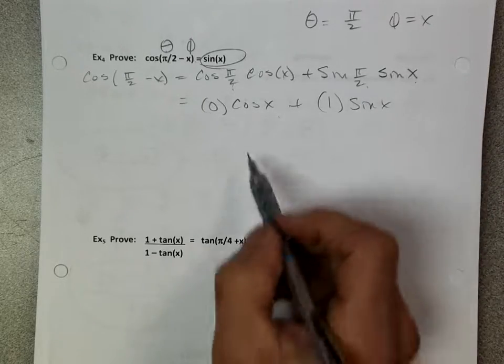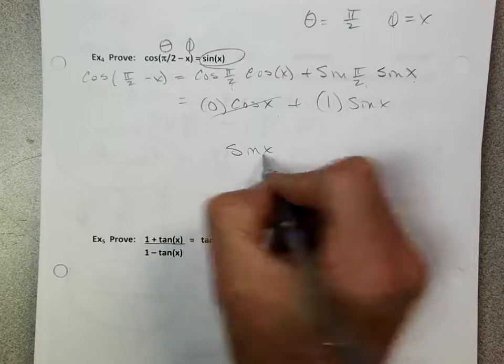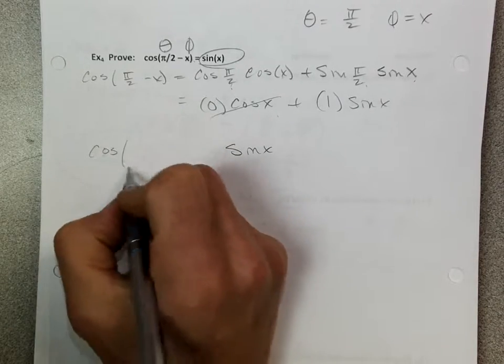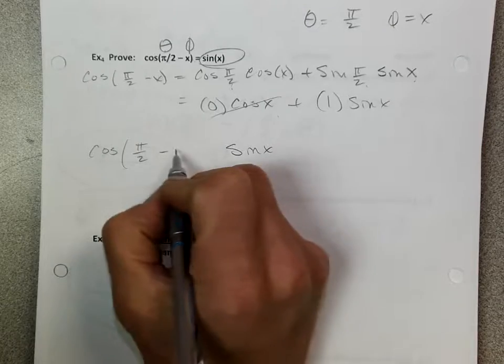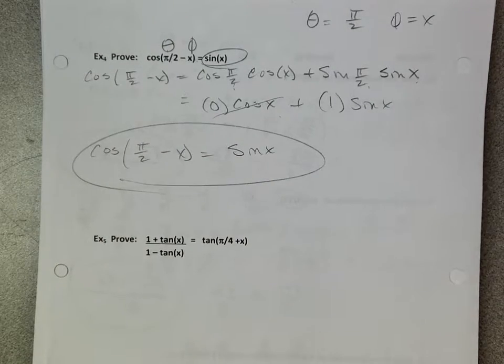Well, this gets pretty easy. This becomes 0. That's gone. And then this is just 1 times sine of x, which is just sine of x. So let's see what I've proven. I have proven that cosine of pi halves minus x, sure enough, is equal to sine of x, just by using my formula.